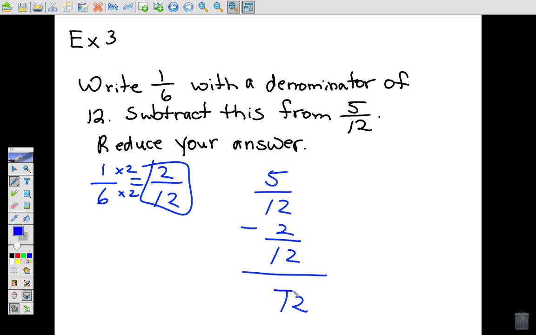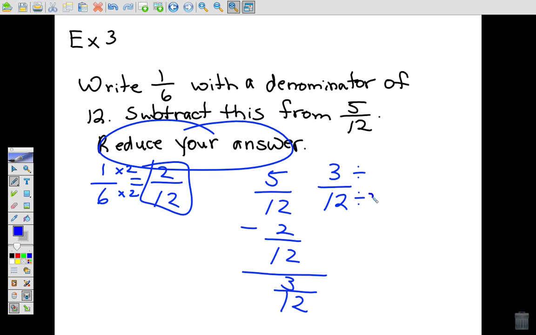And remember, when you add or subtract fractions with the same denominator, you keep that same denominator. 5 minus 2 is 3 twelfths. Reduce your answer. So I have 3 twelfths. What could I divide both 3 and 12 by? Well, I could divide them both by 3. And I get 1/4.